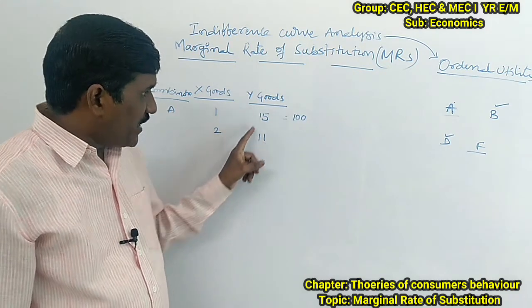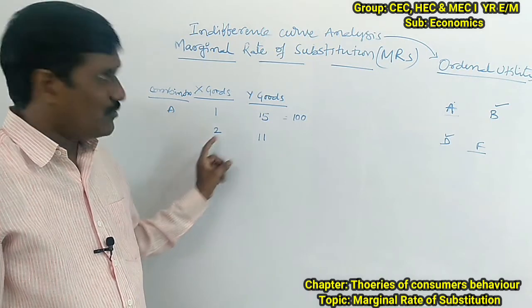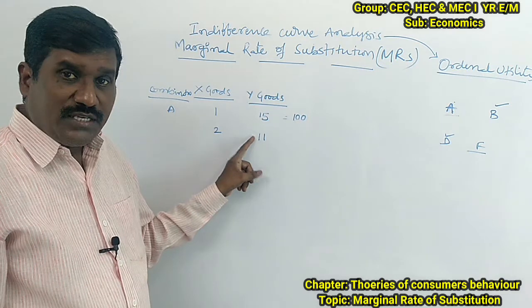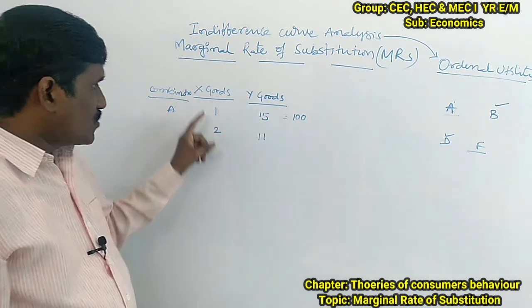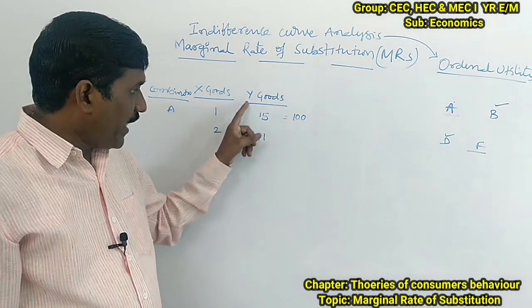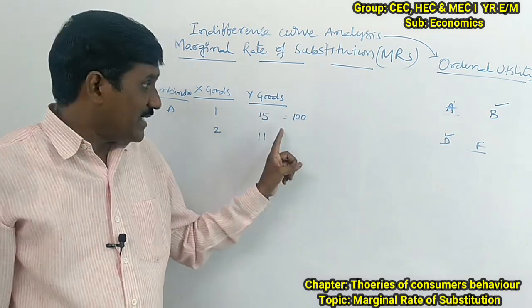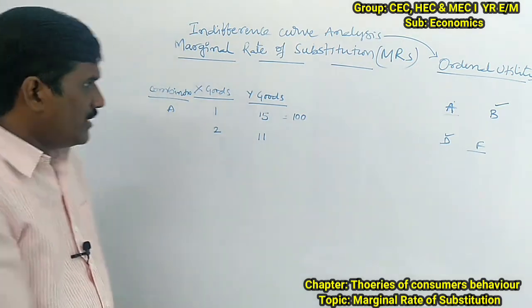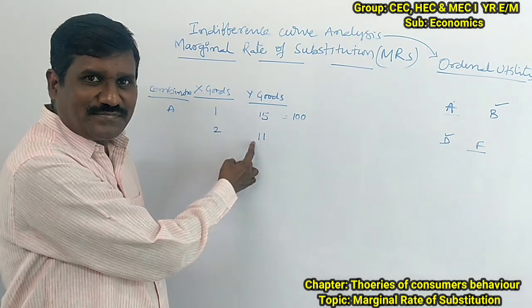When the consumer reduces Y good, it is possible to increase the X good. So 2 units of X and 11 units of Y, and he is also getting 100 utils of satisfaction. What is going on? The X good is a substitute for Y.